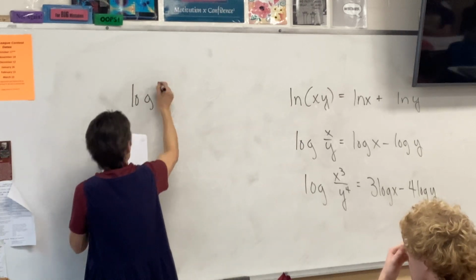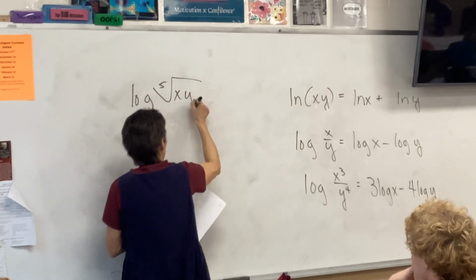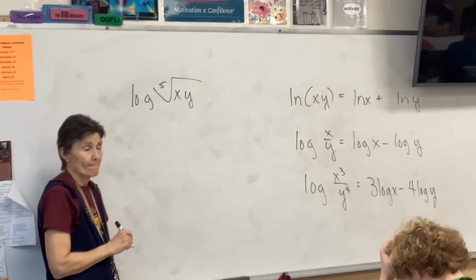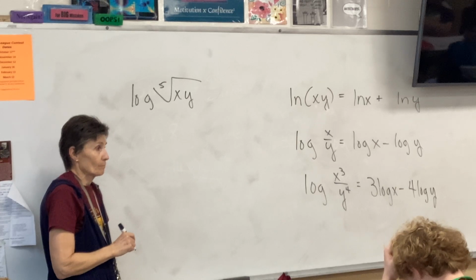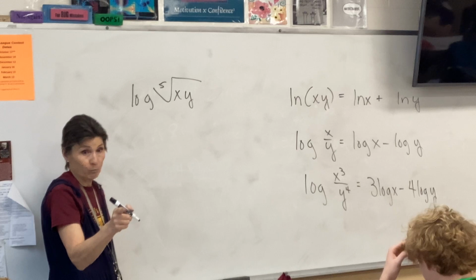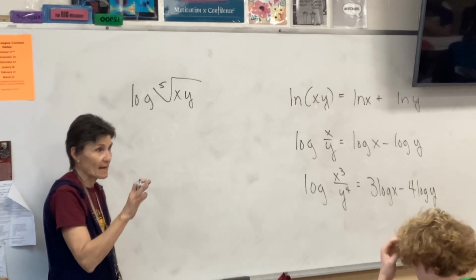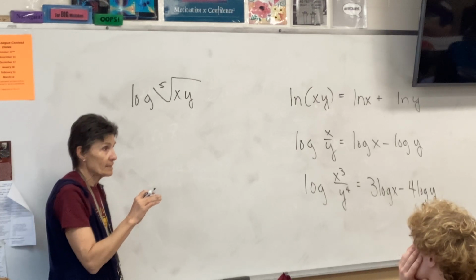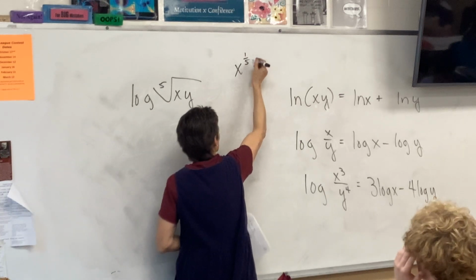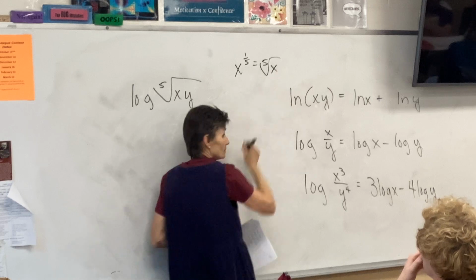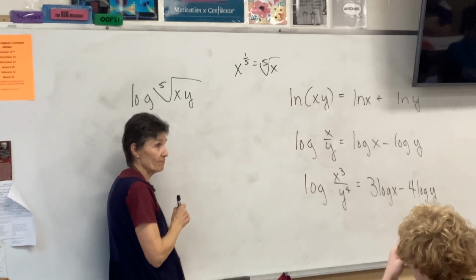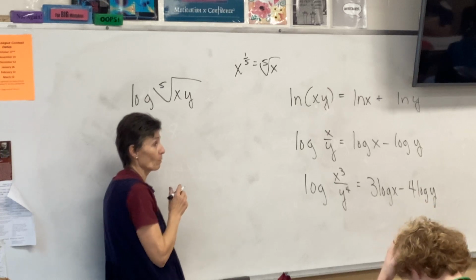Log 5th root of xy. Coefficient of 1/5. Whoa, where's that coming from? Isn't a 5th root the 1/5 power? We're supposed to know that by now, right? 5th roots are 1/5 power.